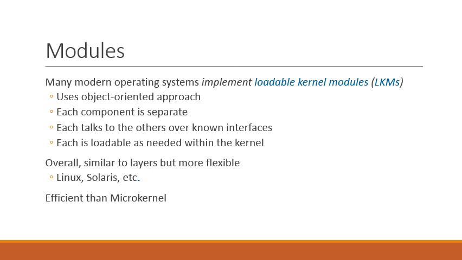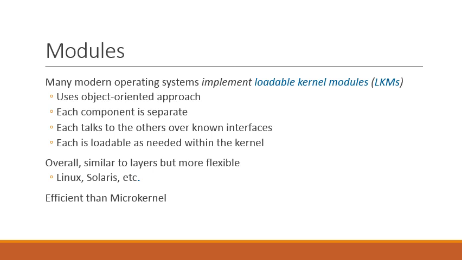This scheme is similar to the layered structure. As we have seen in layered structure, different operating system services are implemented into distinct layers. Similarly, in this approach, different operating system services have been implemented as distinct modules.